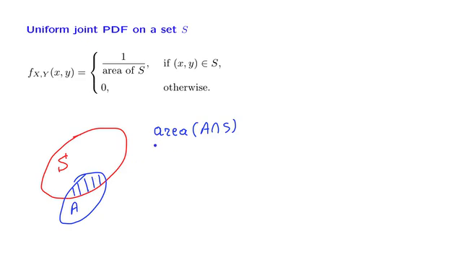Now the height of the PDF is 1 over the area of S, so this is the formula for calculating the probability of a certain set A.